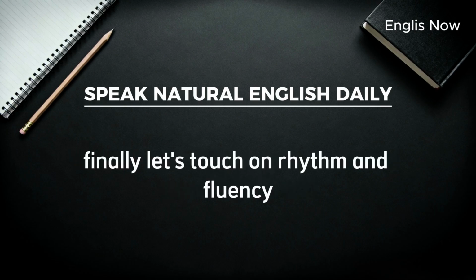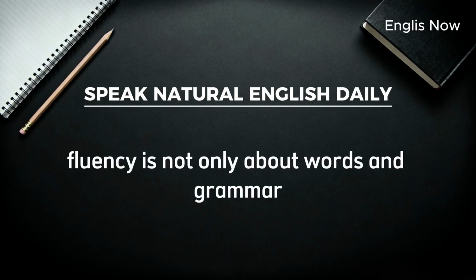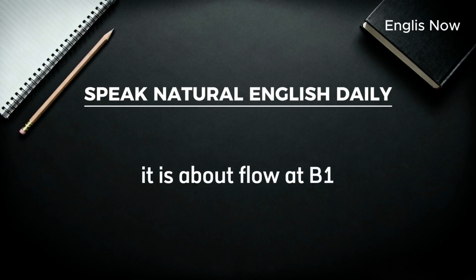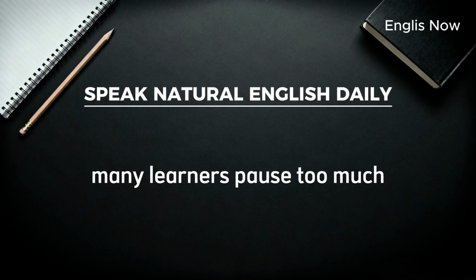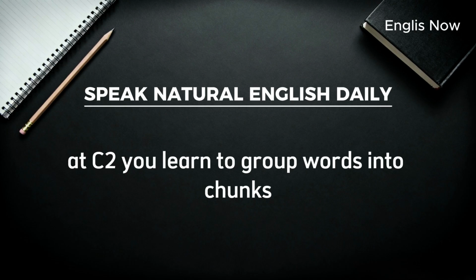Finally, let's touch on rhythm and fluency practice again. Fluency is not only about words and grammar, it is about flow. At B1, many learners pause too much, saying, "I went to the park." At C2, you learn to group words into chunks.